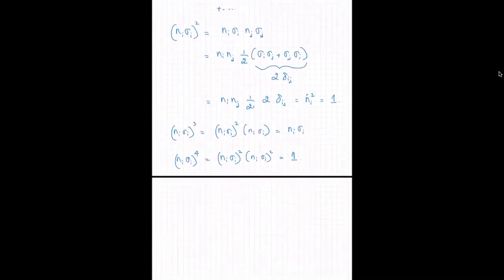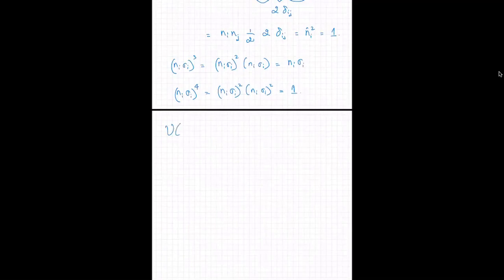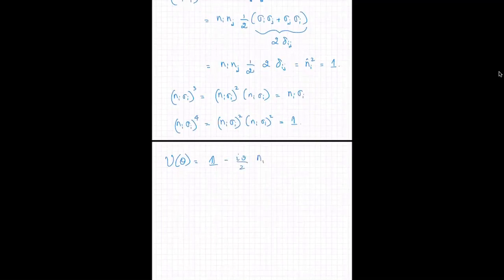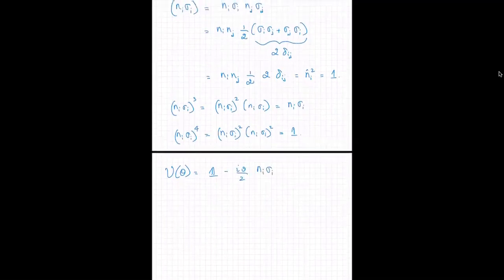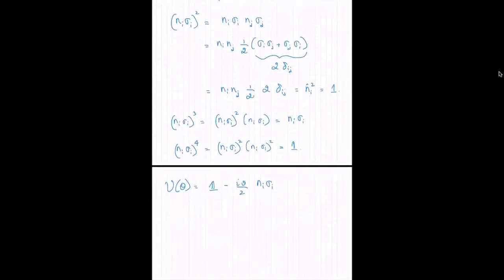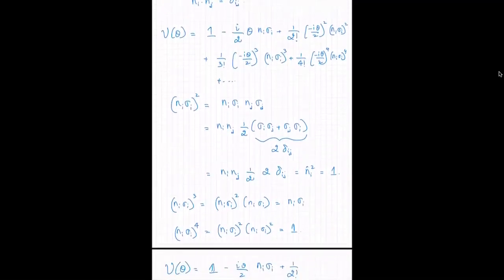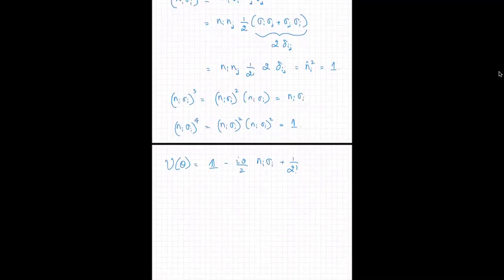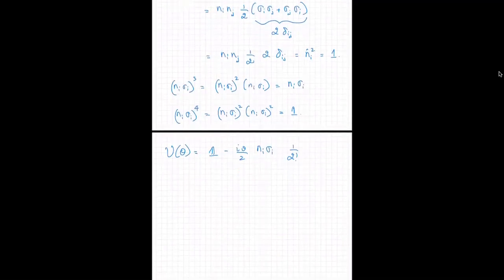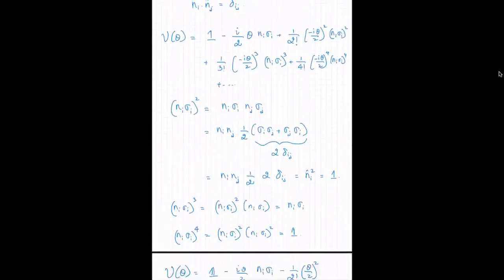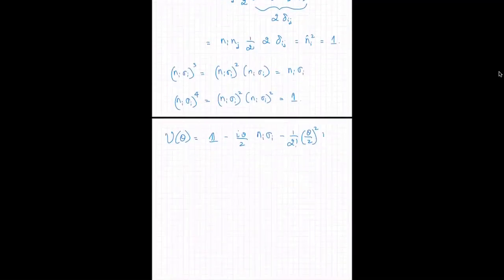So plug this in, and you will find that U of theta, the finite rotation for the spin half case, is as follows. The first term is 1; I will write it as a matrix 1, just to be clear. The second term is minus i theta over 2 n_i sigma_i. The third term is 1 over 2 factorial times (minus i) squared, which is minus 1, times (theta over 2) squared, and (n_i sigma_i) squared is just 1, so times 1.